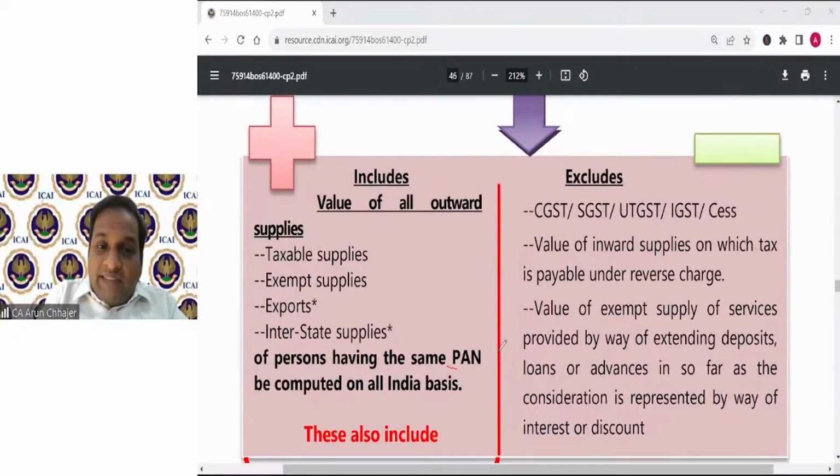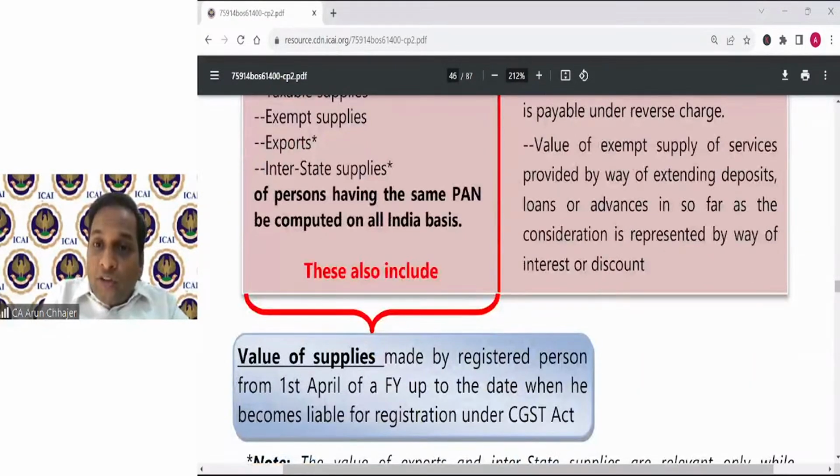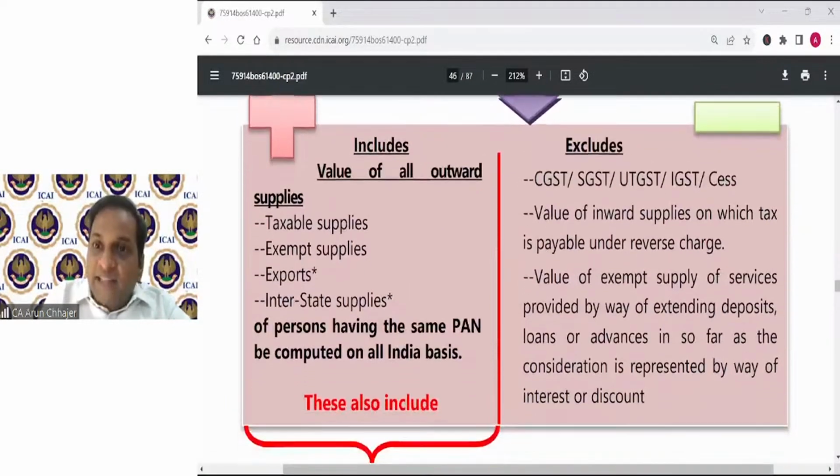Include, to be computed on all India basis. These also include value of the supplies made by the registered person from 1st April to the date when he becomes liable for registration under the CGST. Current financial year का turnover हम check कर रहे हैं for deciding the eligibility.